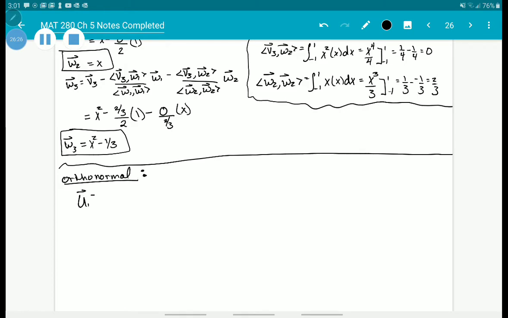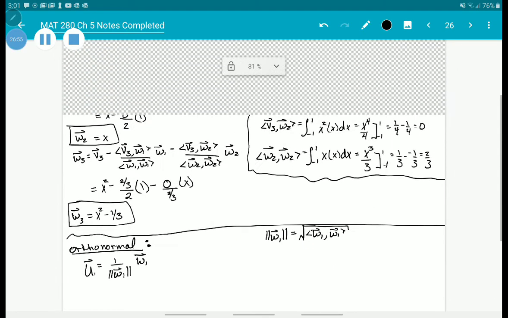So to find U1, it's going to be 1 over the magnitude of W1 times W1. So we've got to find the magnitude of W1. If you remember the definition of that, it is the square root of the inner product of W1 with itself. So let's find the inner product of W1 with W1.